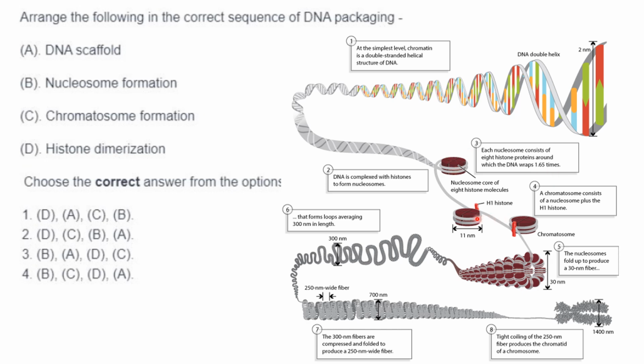Then comes the chromatosome, that is the nucleosome with H1 histone. Then the nucleosomes fold up to produce the 30 nanometer fiber. Then again it forms loops and results in 300 nanometer length. Again compressed to 250 nanometer fibers, and in the end there will be tight coiling to produce the chromatid of the chromosome. This is the sequence of DNA packaging.